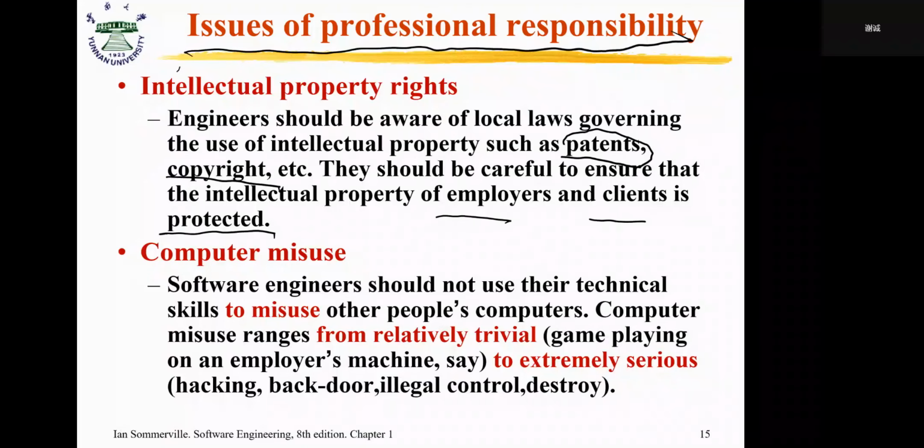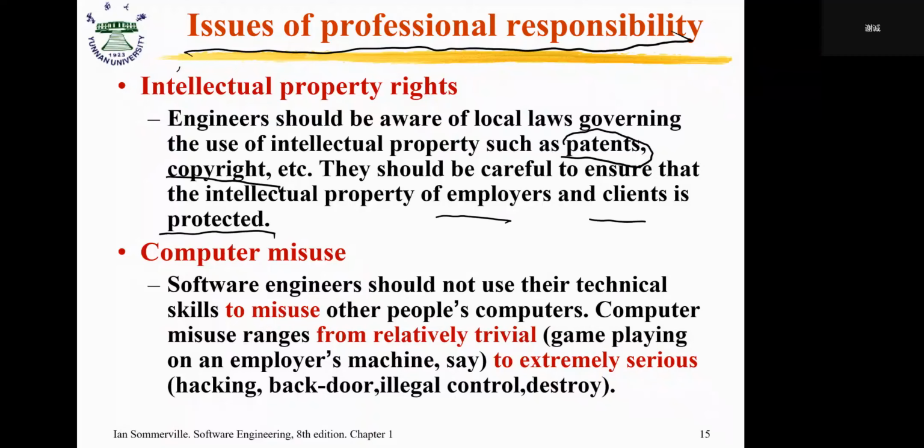So this is called property rights. And the next one is computer misuse. This means when you graduate from software engineering, you have some abilities, especially the ability to program. So you can do many things that normal people cannot do. So you should ensure that you do not misuse your ability. Software engineers should not use their technical skills to misuse other people's computers.